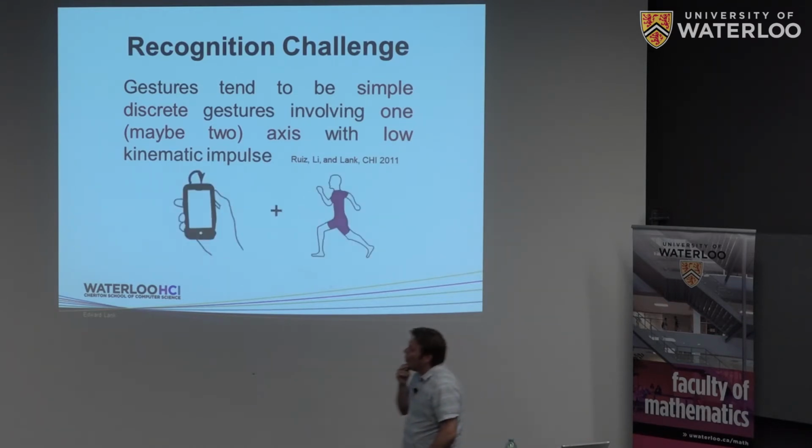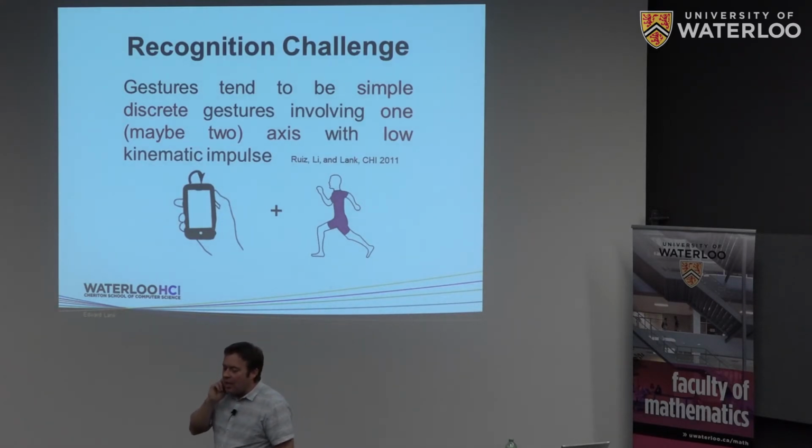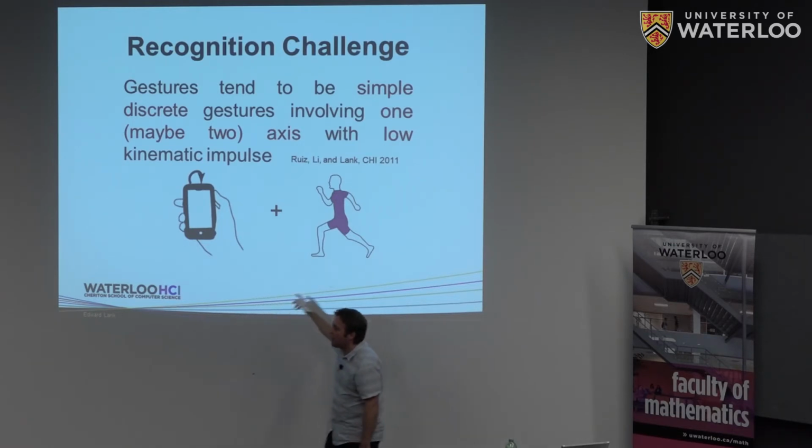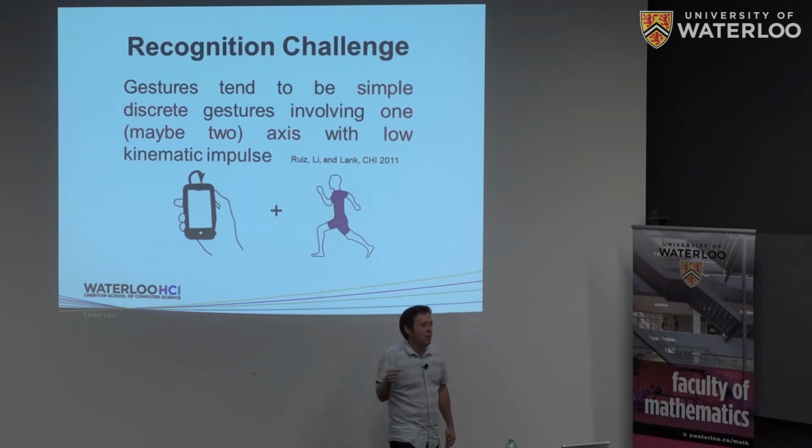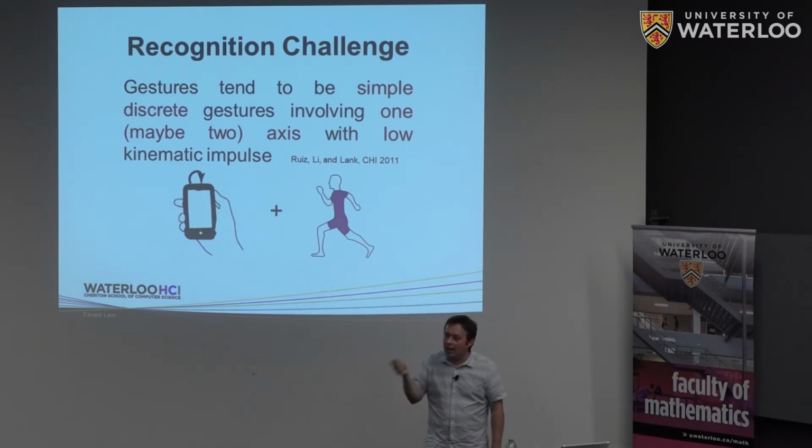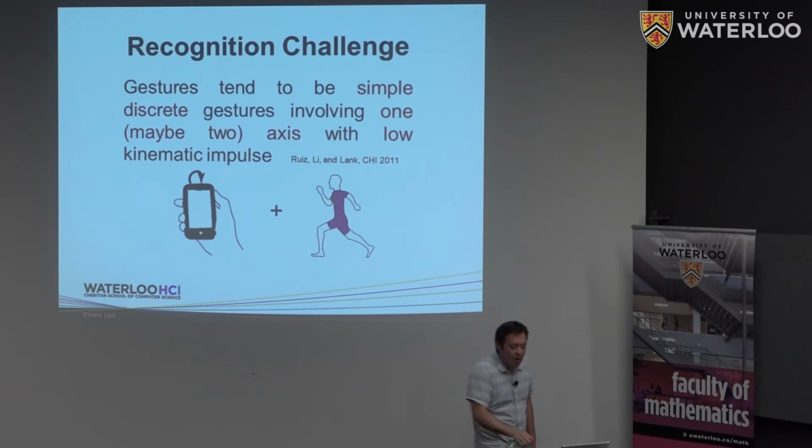And so one of the challenges with this in terms of recognition is that if we want to design these platforms for input in ubiquitous environments, the types of inputs that we're supporting in gestural space are actually the types of input that mimic everyday movement of the device when people are using them. And that's actually a challenge that we need to overcome.